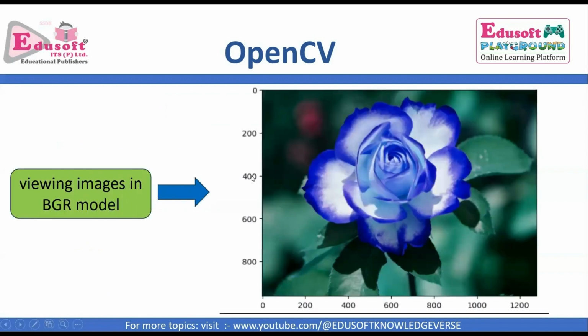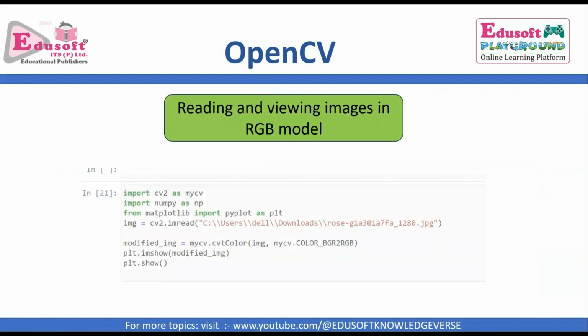This is your image. One thing to understand is that the OpenCV library follows the BGR color model, that is blue, green, and red, instead of RGB, that is red, green, and blue, for showing images. Hence, to display an image in its actual RGB model, we have to use this syntax over here. You can see mycv.cvtColor.